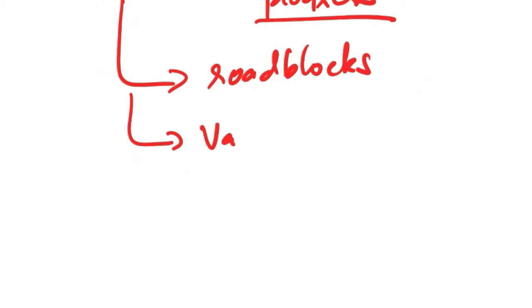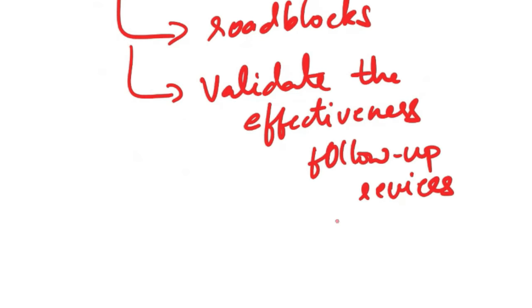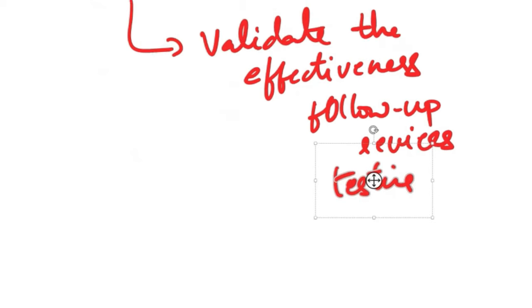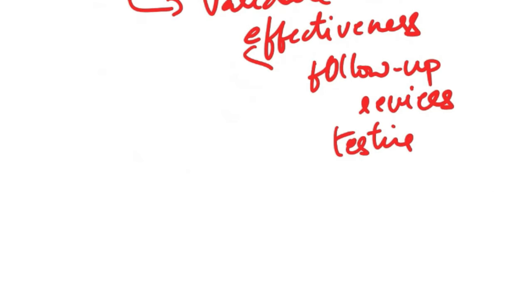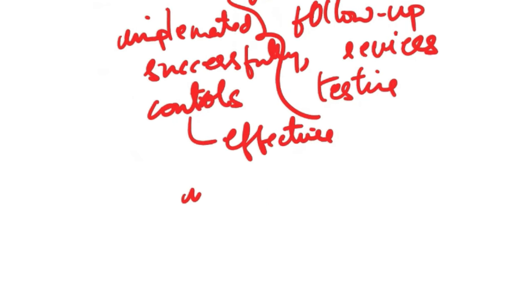Next step is to validate the effectiveness of remediation actions through follow up reviews, testing, or assessments to ensure that identified issues have been addressed satisfactorily. So, the follow up meetings, validation, and monitoring are important to ensure that the remediation plans are implemented successfully, controls remain effective, and improvements are sustained over time.